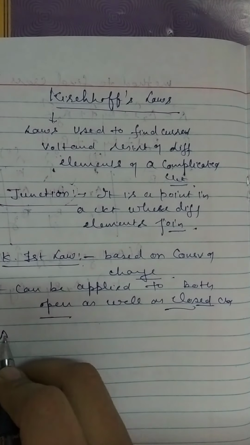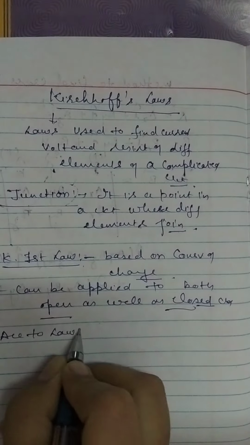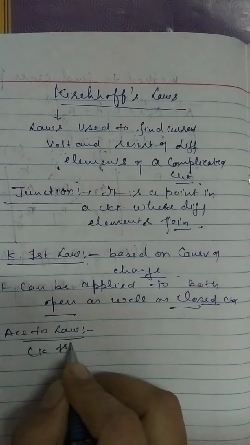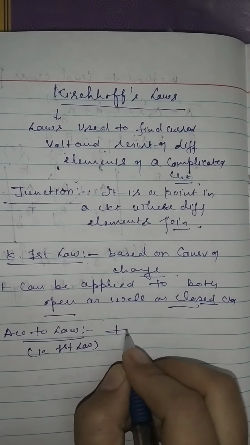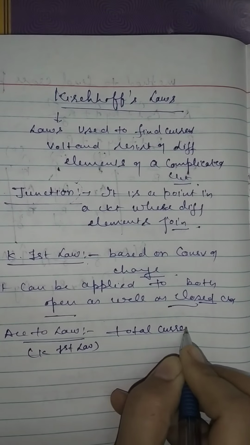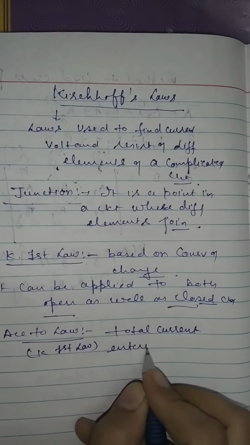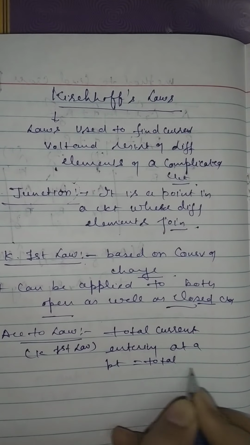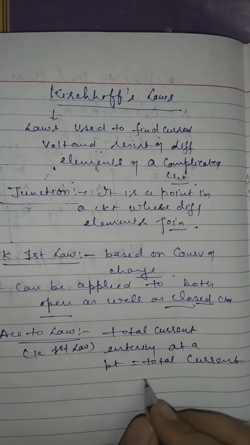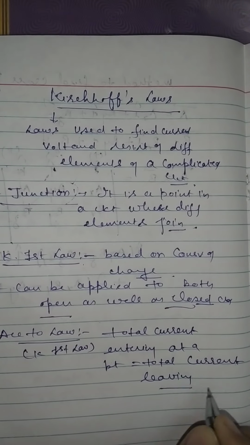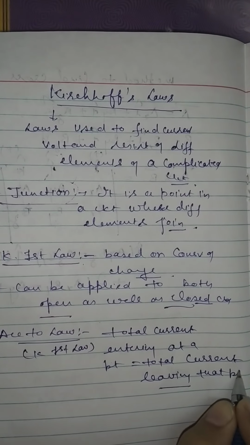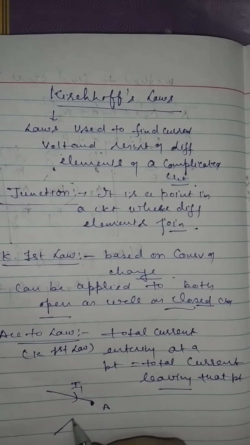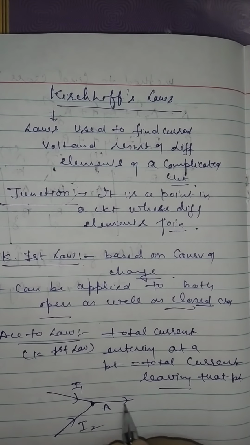Now according to Kirchhoff's first law, the total current entering at a point is equal to the total current leaving that point. एक point पे जितना current enter कर रहा है, ये point A है, suppose I1 is the current entering at this point A, I2 is the current entering at this point, and I3 is the current leaving.